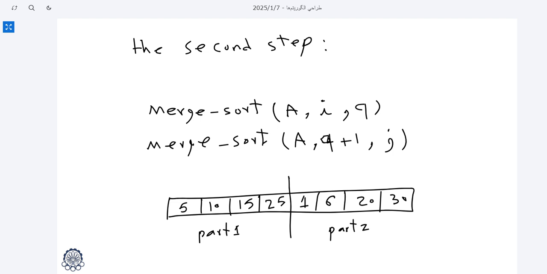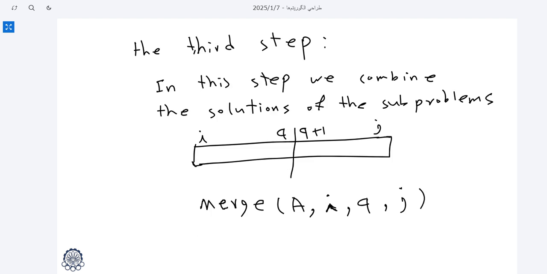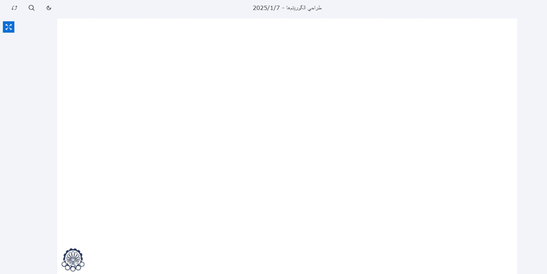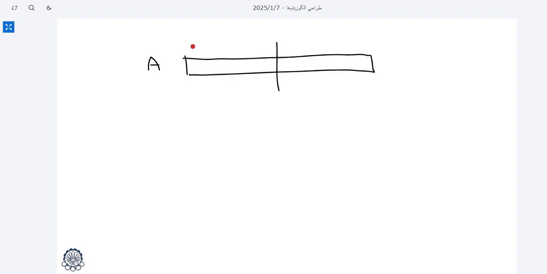Let me go to the next slides and describe how we can merge. I write again the array, which its two parts are sorted. Positions 1, 2, 3, 4, 5, 6, 7, 8.